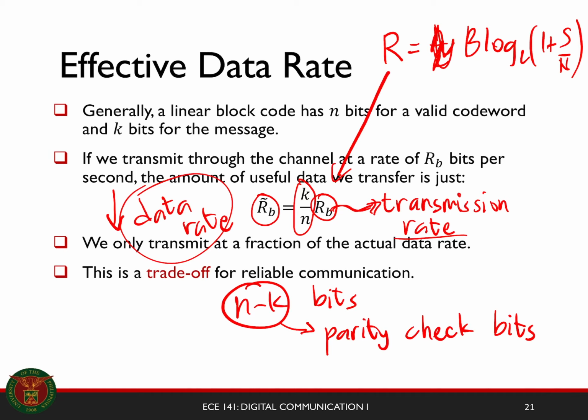There's nothing stopping us from transmitting the amount of bits over the maximum theoretical capacity. But what we cannot do is let the data rate that we transmit be greater than your channel capacity. So this RB should not be greater than your maximum channel capacity.